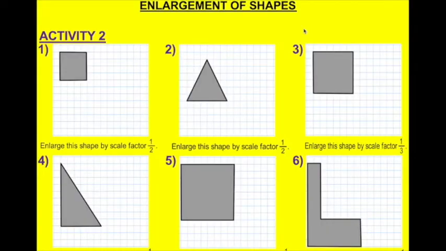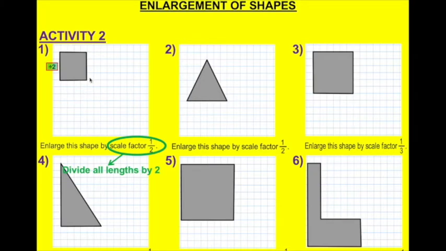Okay, let's take a look at these examples. Let's take a look at number one. Given the square, the instructions say enlarge the given shape by scale factor half. So that means divide all lengths by 2. We divide this length by 2.